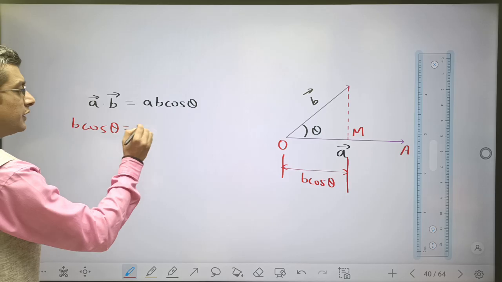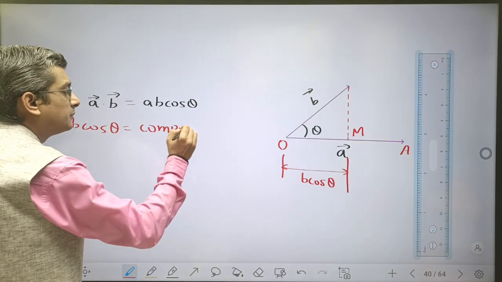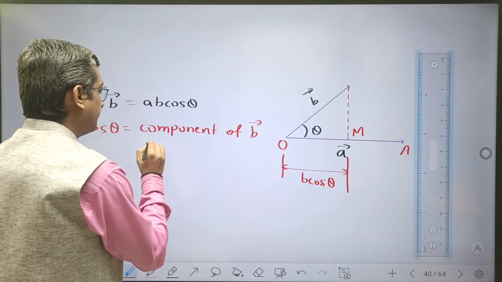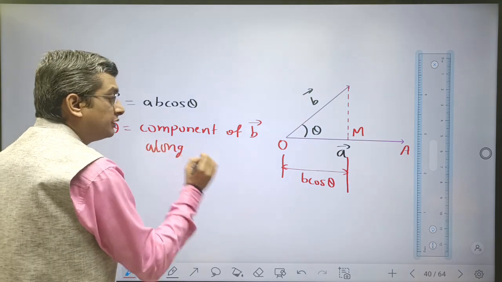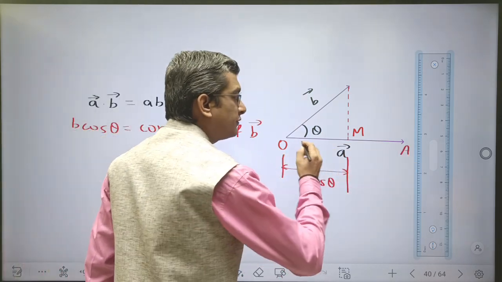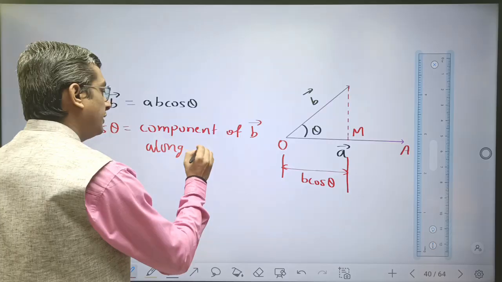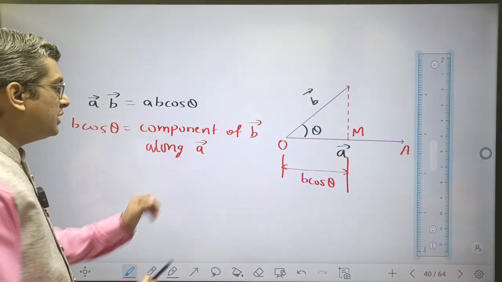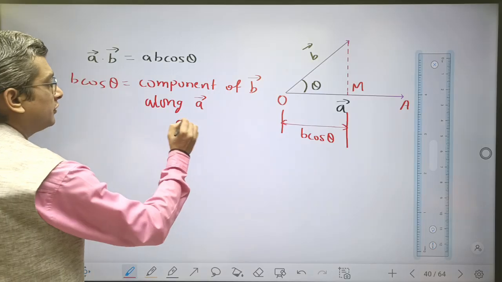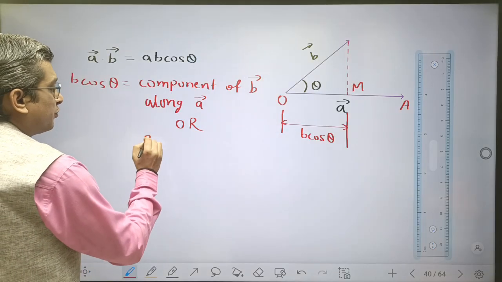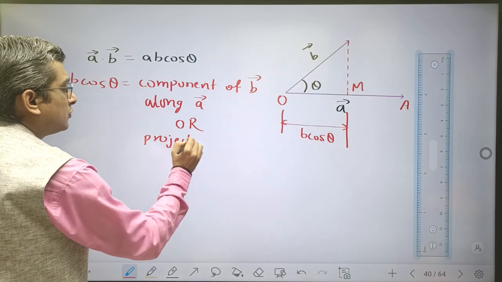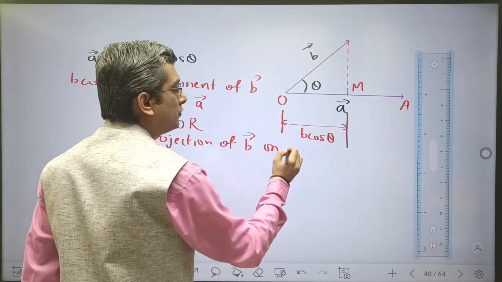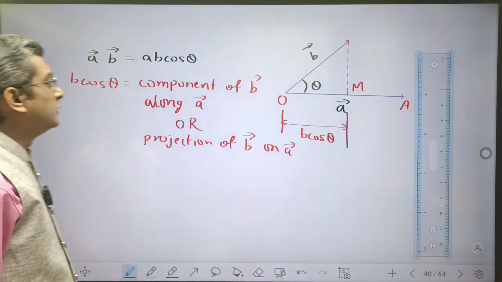This B cos theta is the component of vector B along this line OA. And what is this OA? This is nothing but vector A. So B cos theta is the component of B along vector A, which is also known as the projection of vector B on vector A.